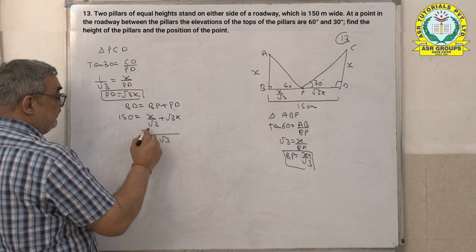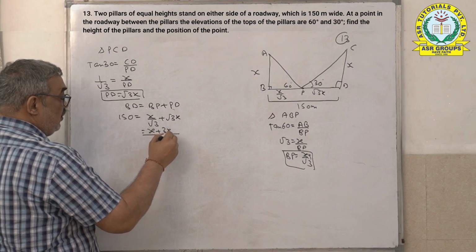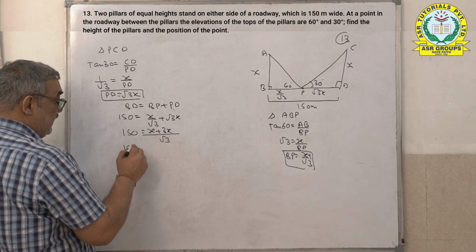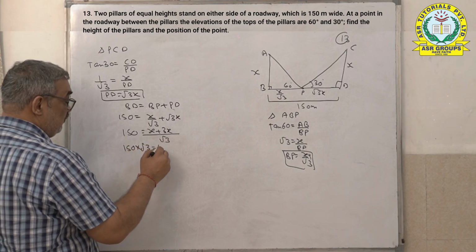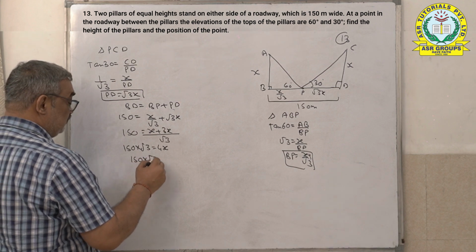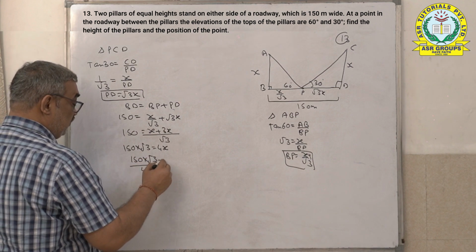Take LCM. Cross multiply, equal to 4x. 150 into root 3 upon 4 equal to x.